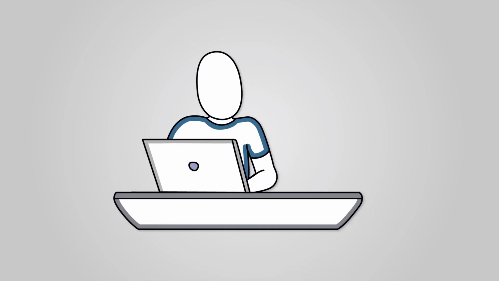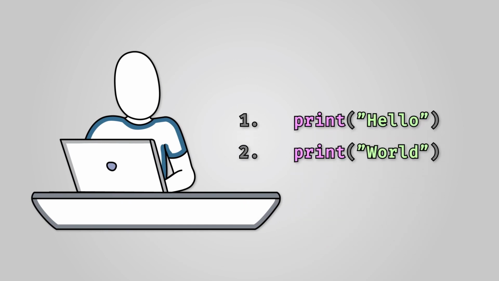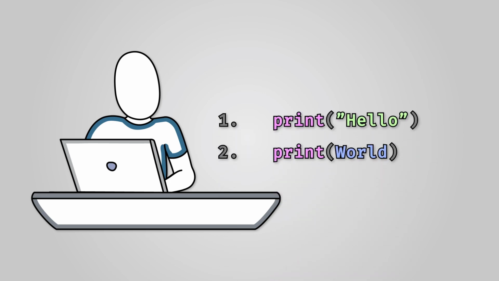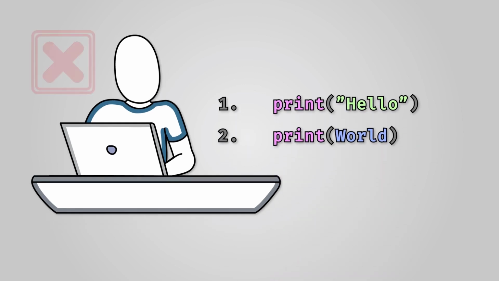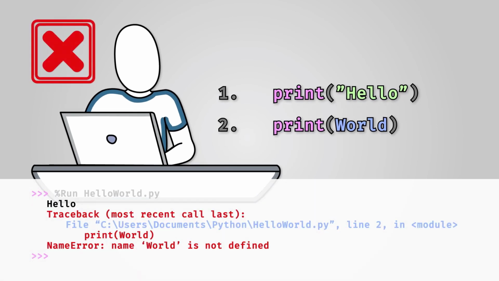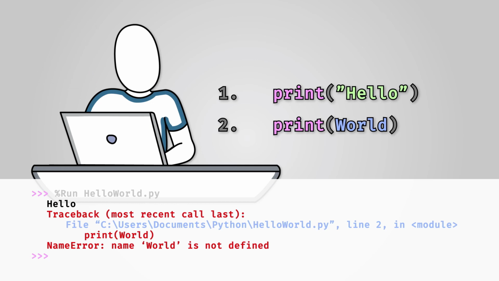Let's look at that previous code example again. As we mentioned earlier, all words between the brackets in print need to be enclosed in quotation marks. But what would happen if we made a spelling mistake? What would happen if we tried to run the following code? Well, we would get an error such as the one you see here. This is because the program is expecting everything between the brackets to be in quotes.